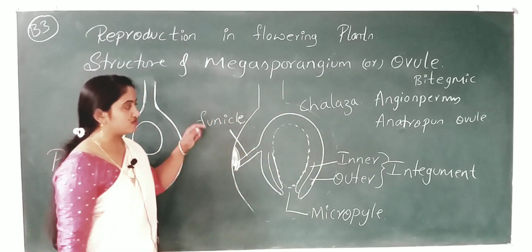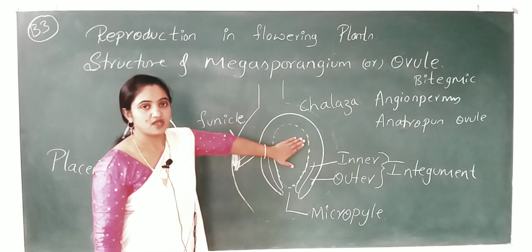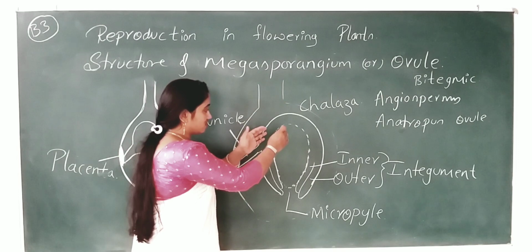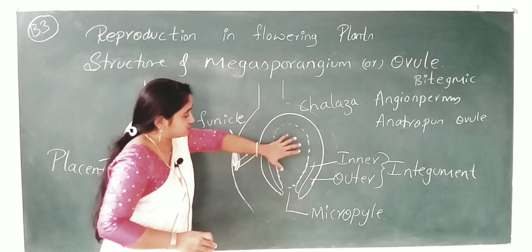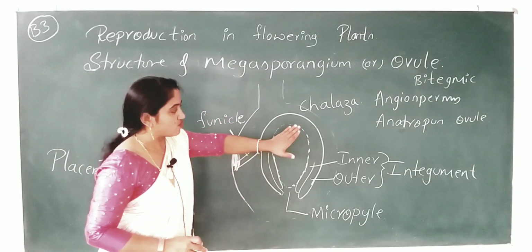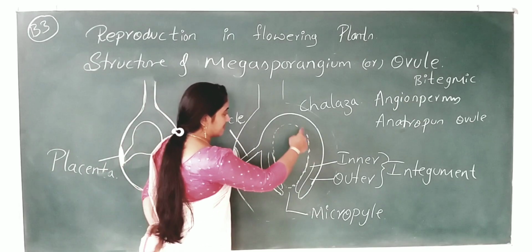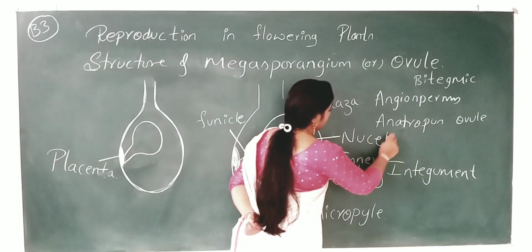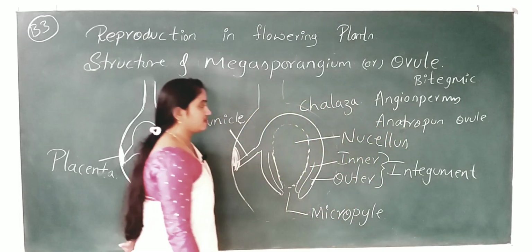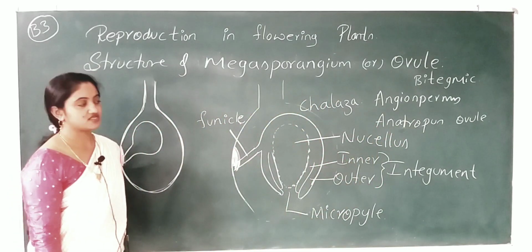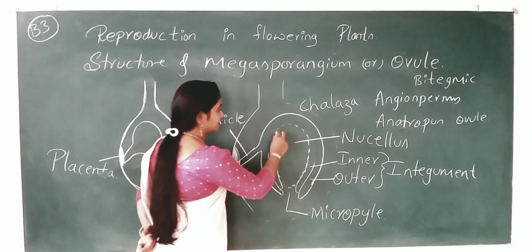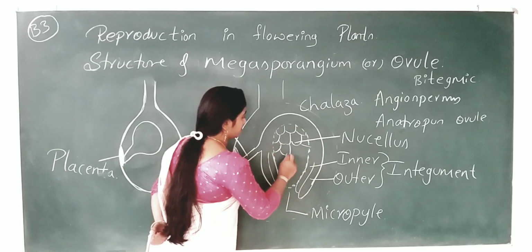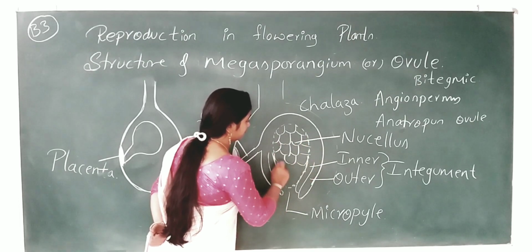We are talking about the actual part of the ovule, where the female gametophyte will be. What actually is it? It is a mass of cells known as the nucellus. It is not nucleus, it is nucellus. The cells will be arranged like this.